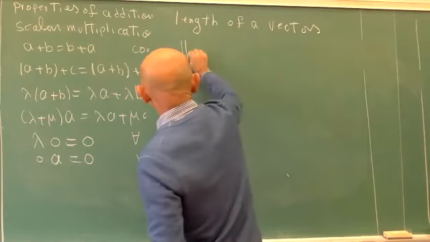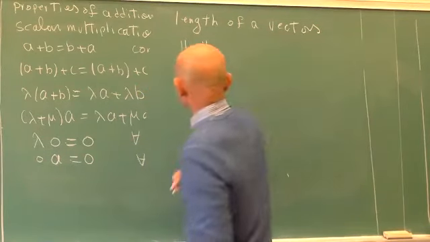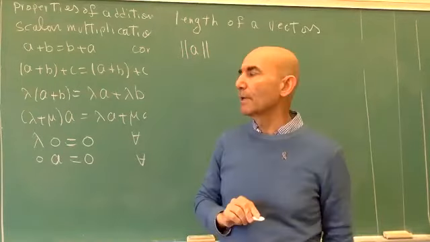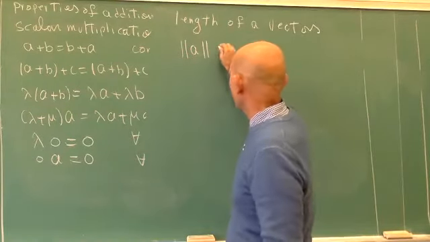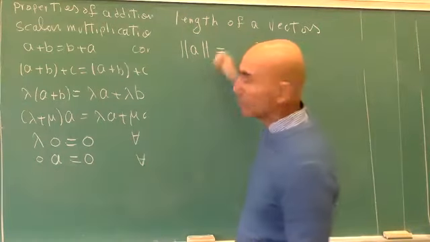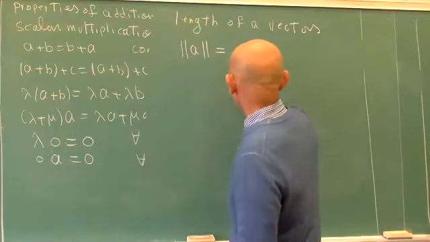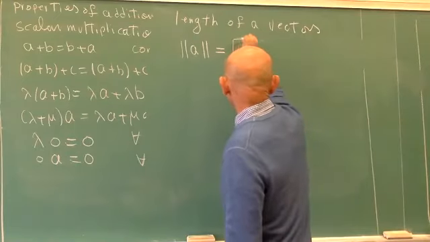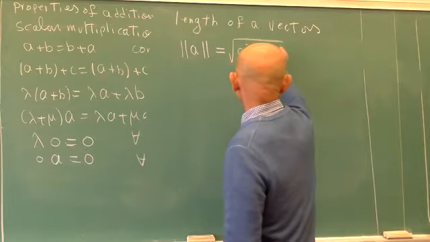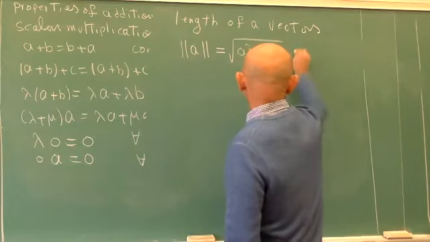The notation that we use is double line A. Sometimes it's also called the norm of A, but you just say length of A. That's by definition the square root of A1 squared plus A2 squared plus A3 squared.